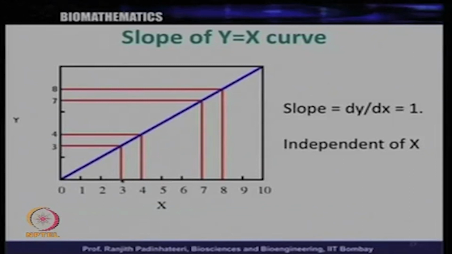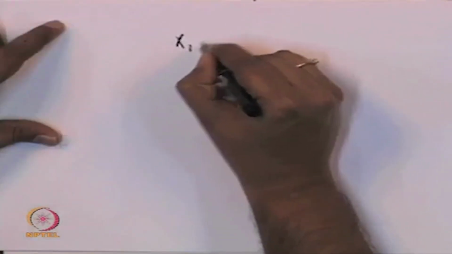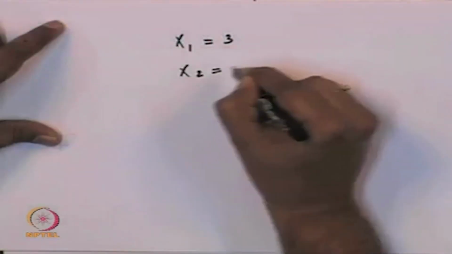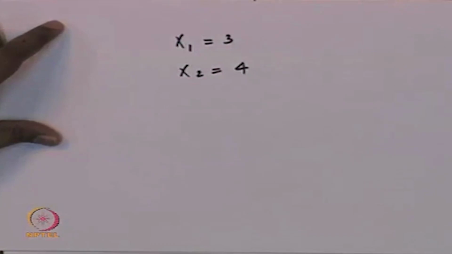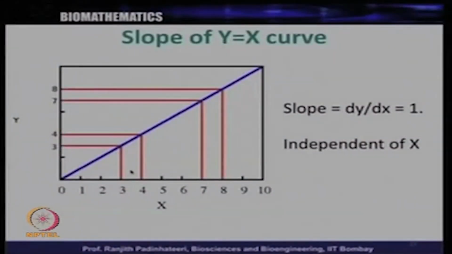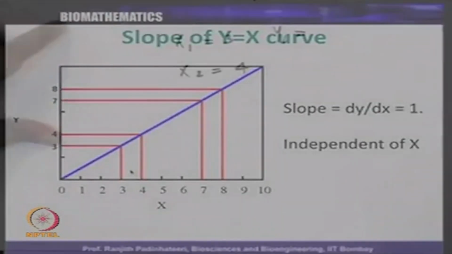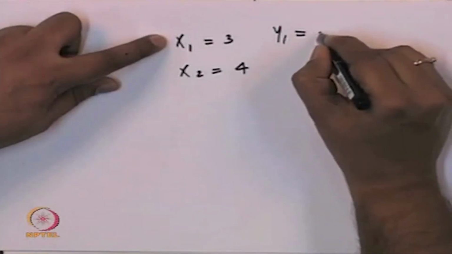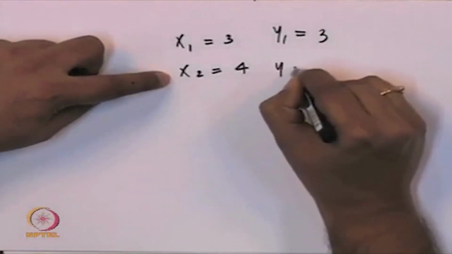That is, if you change the x value from 3 to 4, the corresponding y value also changes from 3 to 4. So x 1 is 3 and x 2 is 4, and y 1 is also 3 and y 2 is also 4.